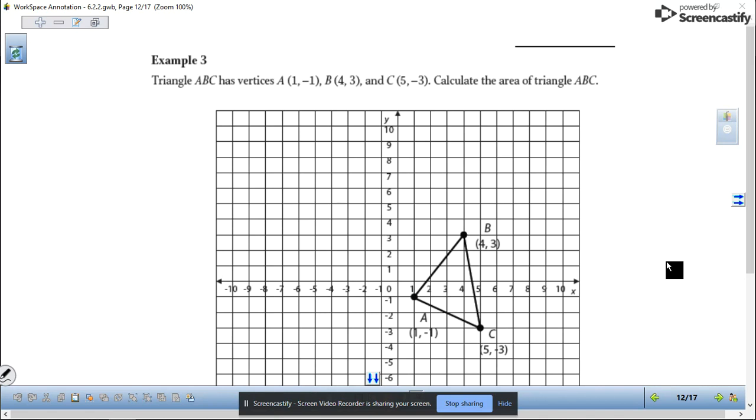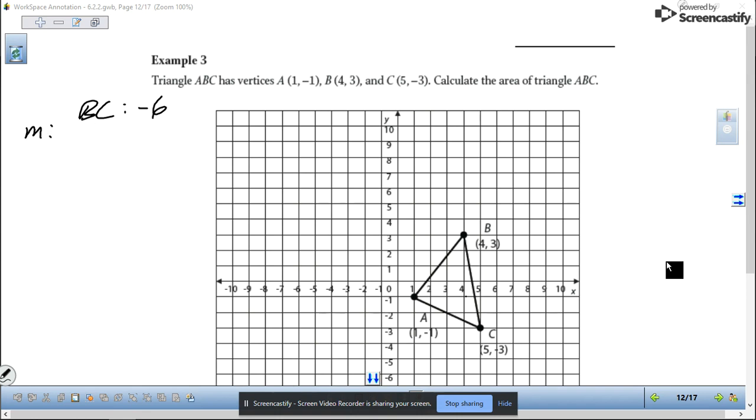So the first thing I need to think about is my slopes. My slope for BC is down 1, 2, 3, 4, 5, 6, right 1. So M for BC is down 6, right 1, so negative 6. Okay?